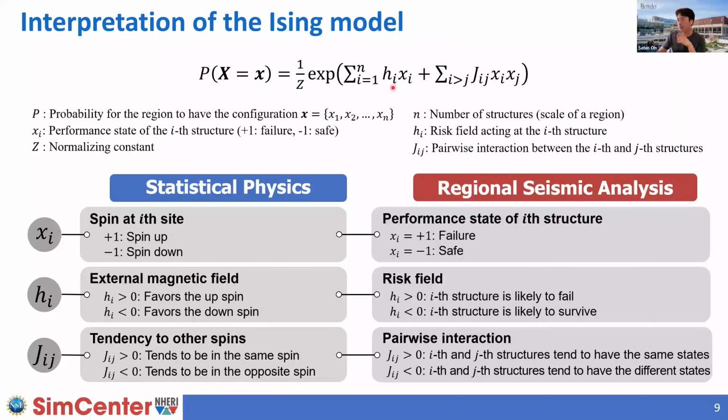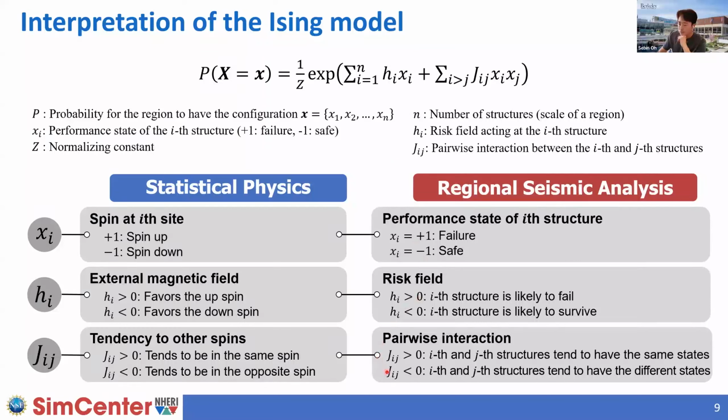And this tendency gets stronger as the absolute value of Hi gets larger. So in this sense, Hi is interpreted as a risk field acting at the ith structure. So when Hi is positive, Xi being +1 is more likely to occur than Xi being -1.